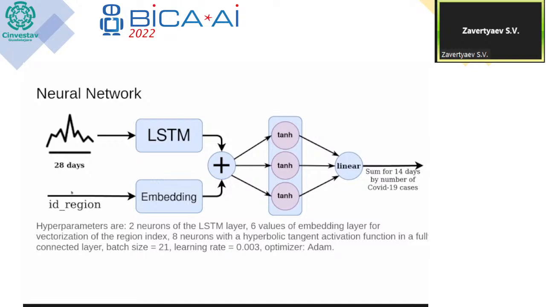And it uses examples from all regions. So it also uses the region ID, vectorizes it, and concatenates this with the LSTM output. After that it goes to dense, and then to output.